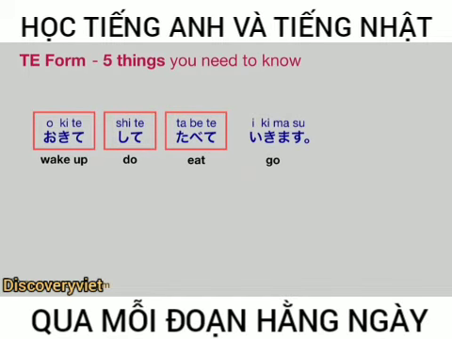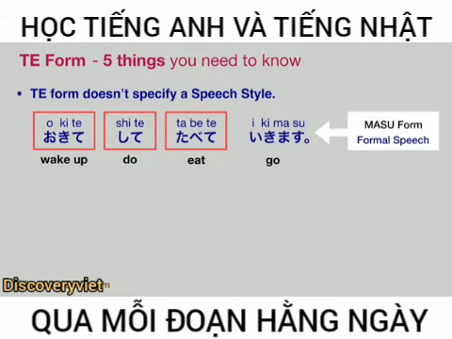Point number 5. In the same manner, te form doesn't specify any speech style. It can be used in the formal or informal speech. Again, what matters is how you end the sentence. In this sentence, you have 行きます at the end. Mas form indicates formal speech, so you are saying this sentence in the formal style.